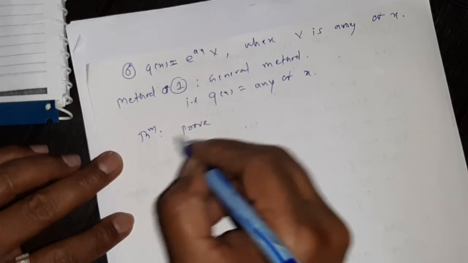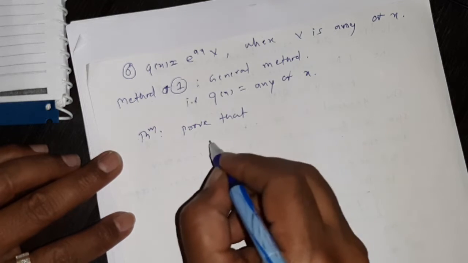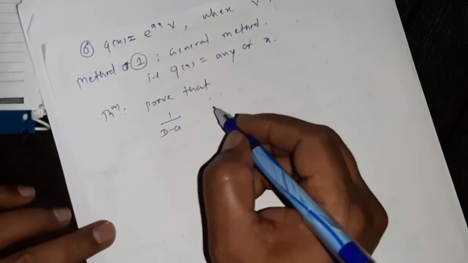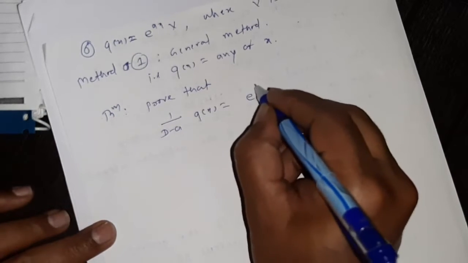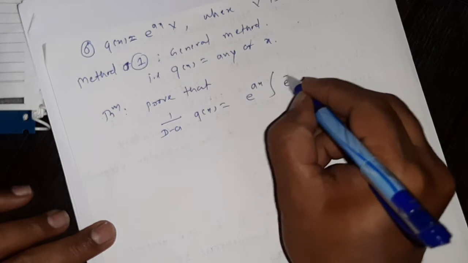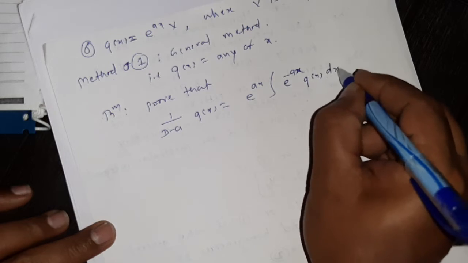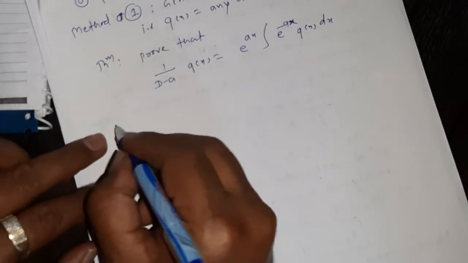Example: prove that 1 by (D minus a) Q(x) is equal to e raised to ax times the integral of e raised to minus ax Q(x) dx. We have to prove this result.